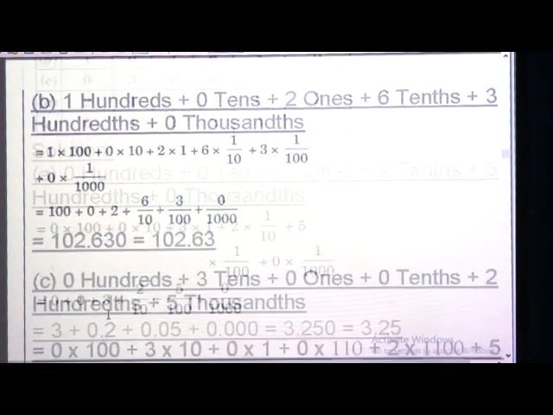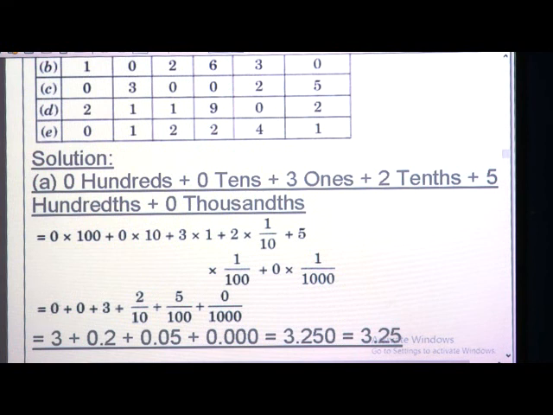After calculating this, we have 0 plus 0 plus 3 plus 2 upon 10 plus 5 upon 100 plus 0 upon 1000. 3 we write as it is, 2 by 10 becomes 0.2, 5 by 100 becomes 0.05, and 0 by 1000 is 0.000. After adding this, we get 3.250. It can also be written as 3.25.